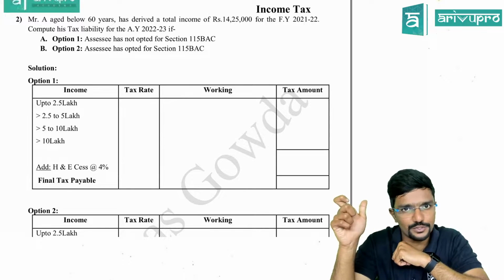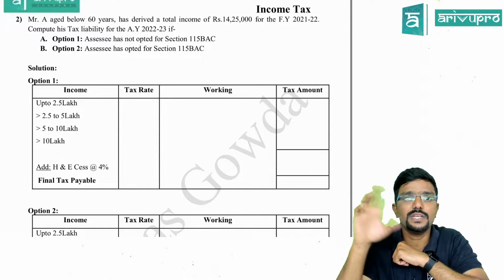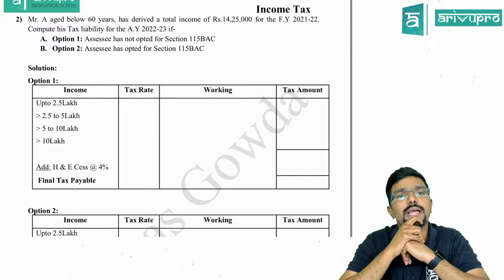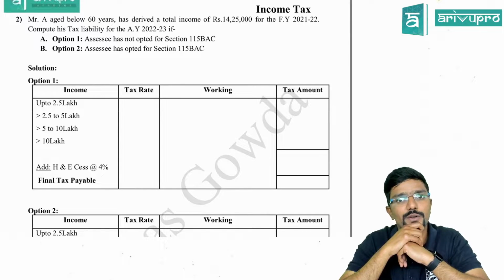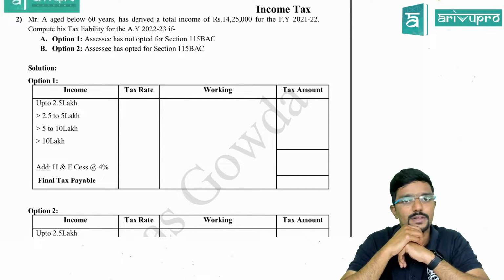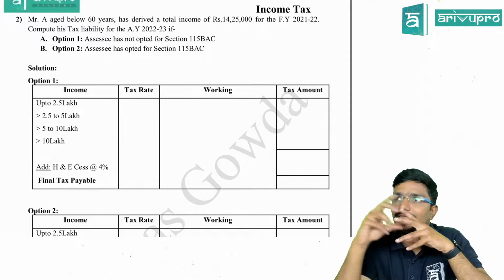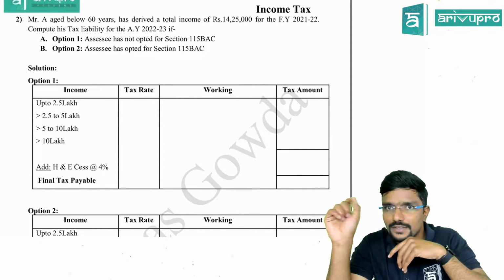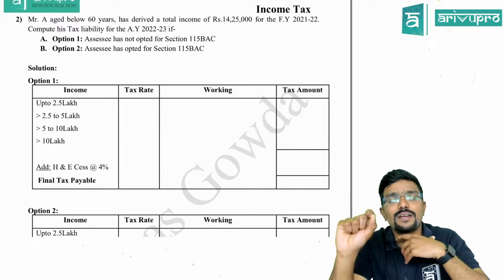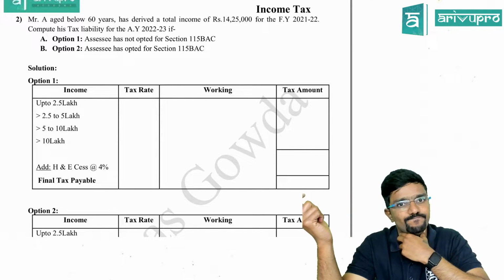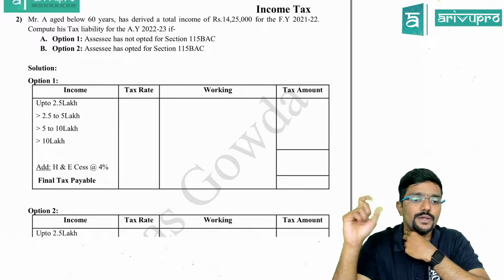There are some due dates to file income tax returns. Within that due date, you have to intimate the department whether you are opting for the new scheme or not. Sir, what if I don't have business or professional income? Then while I am filing my income tax return, there only I can choose whether I am following old or new.